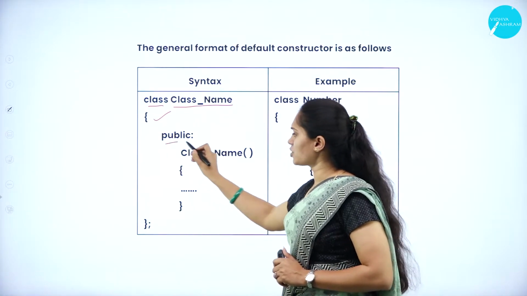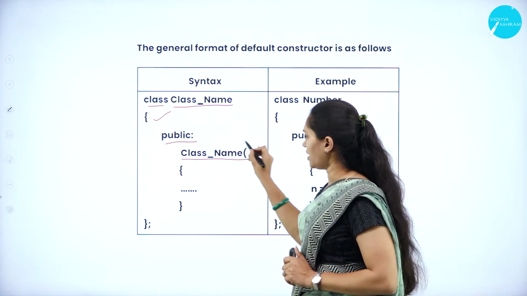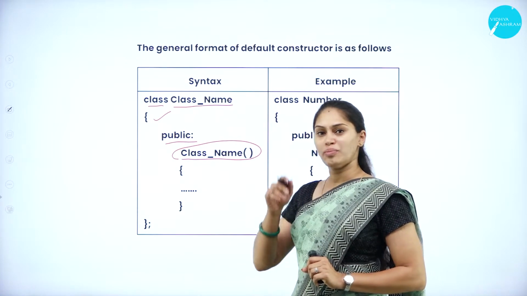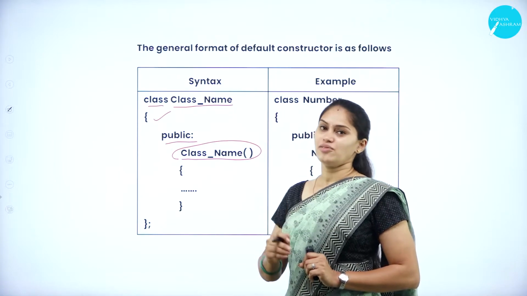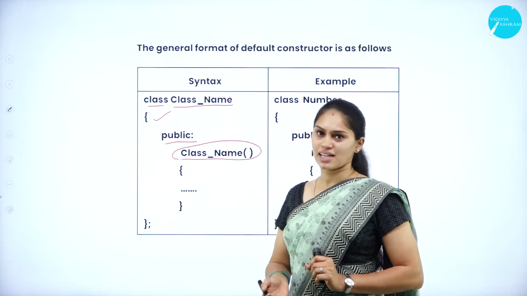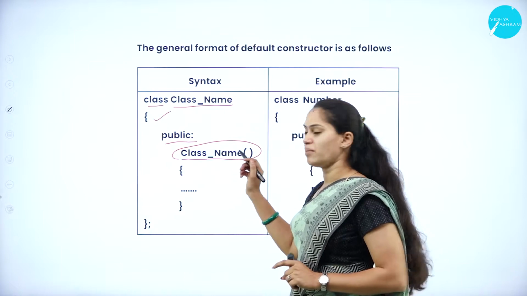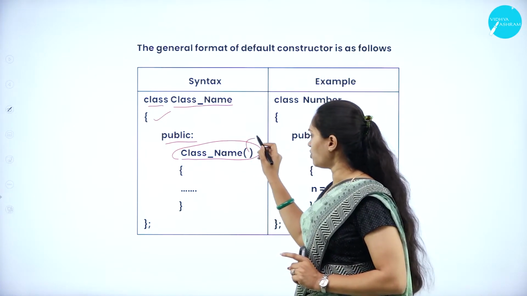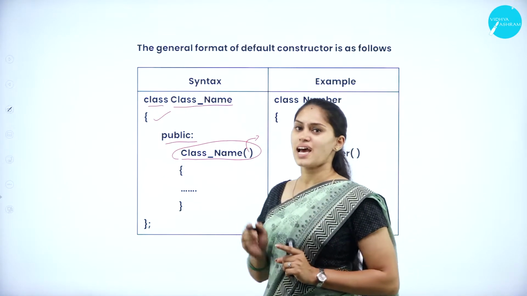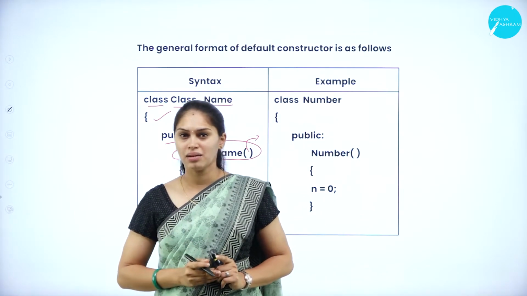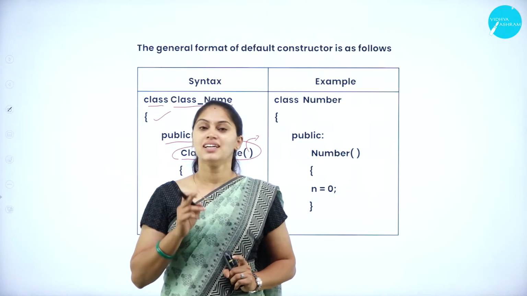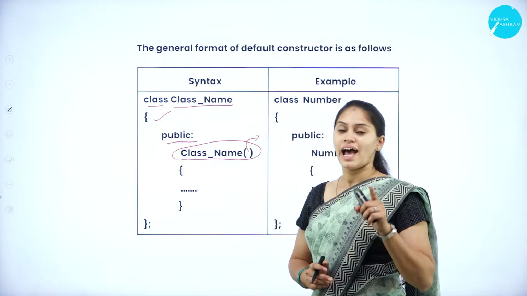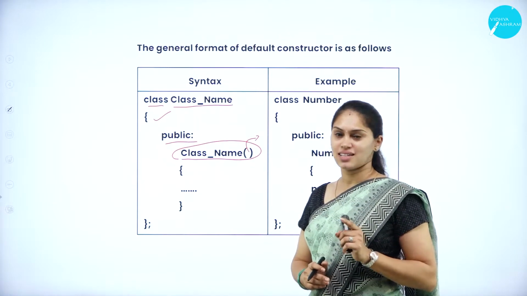After that, under the scope of public, I am creating one constructor. How can I call this a constructor? Again, you move back to the rules of a constructor. If all the conditions get satisfied, then I can call this member function a constructor. Here you have to check whether the parenthesis has one or more arguments or parameters within it. If not, then I can call that a default constructor.